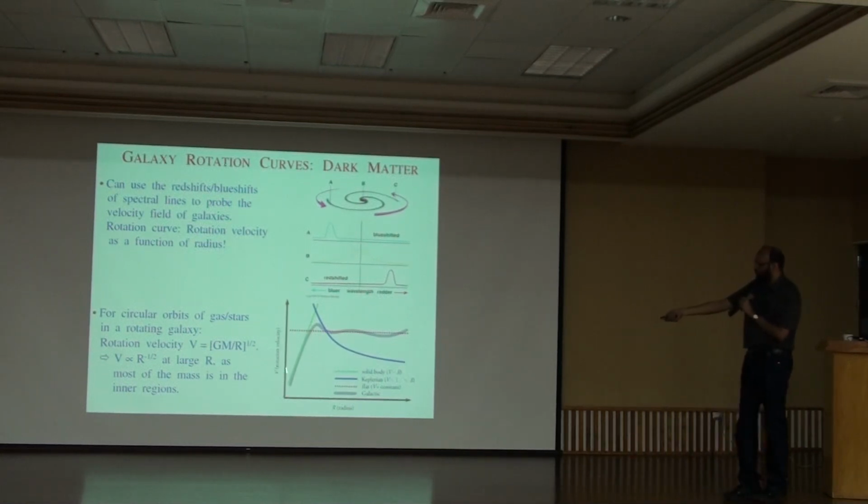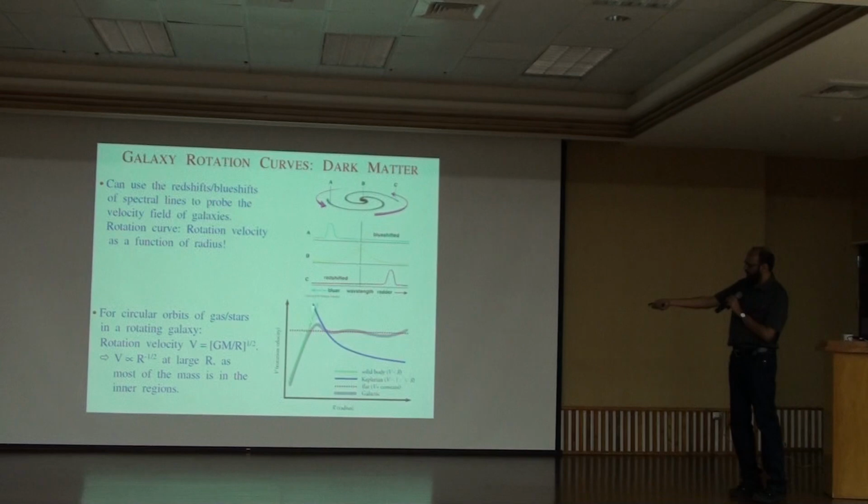If I plot the rotation velocity versus radius, so this is now the radius of the galaxy going outwards, at very small radii I expect this will steadily rise, largely because the mass is constantly increasing. It will rise, and then at some point I expect that it will follow this blue curve over here.